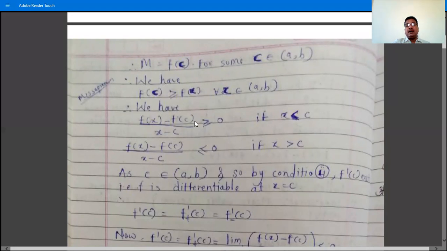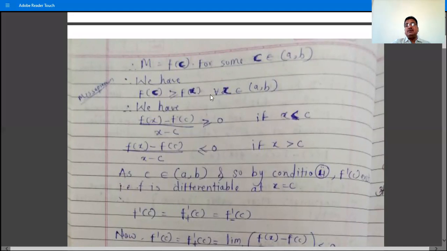So this quantity is either equal to 0 or a positive quantity, because f of x minus f of C is a negative quantity. f of x is less than f of C, so if we subtract a larger number from a smaller number, we have a negative answer. And negative divided by negative is a positive number.